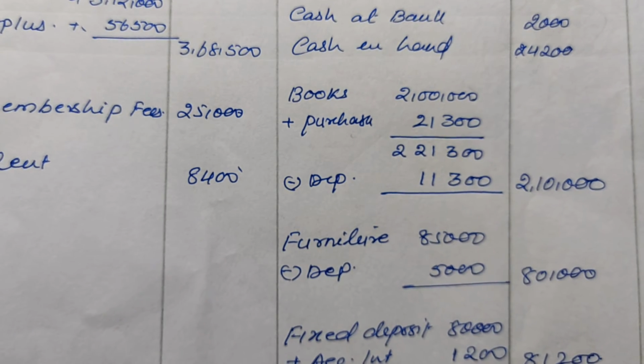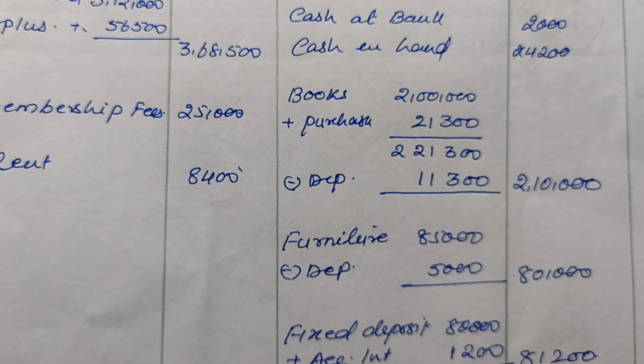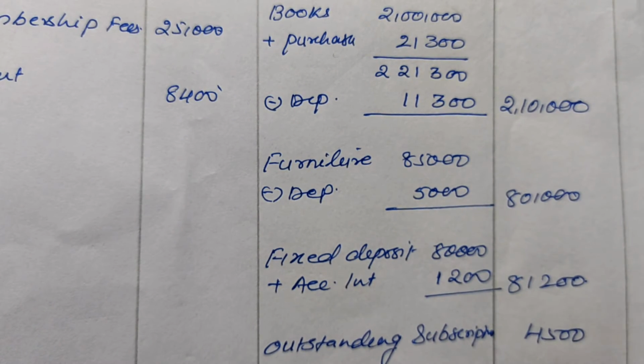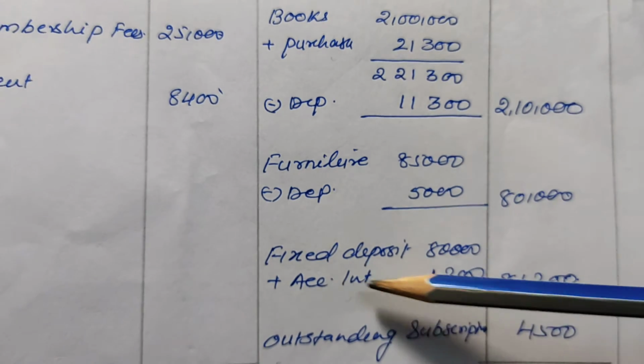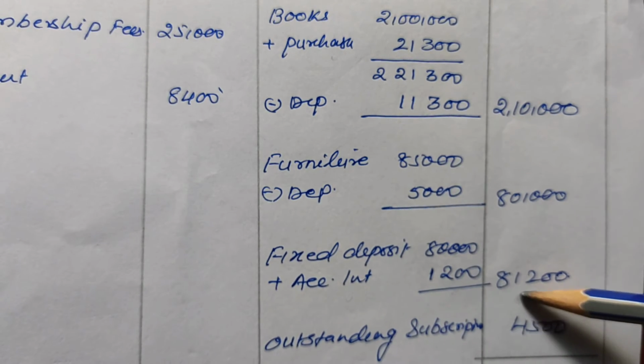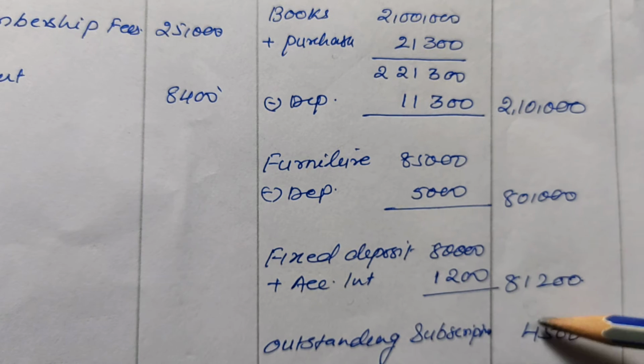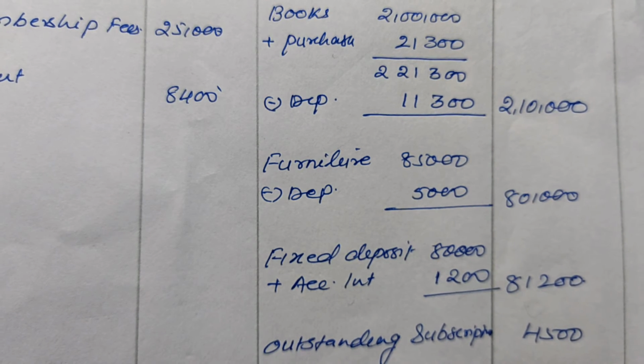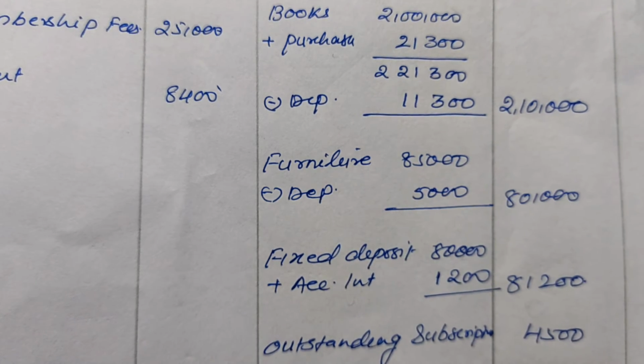Then next we record investment. Investment value also we get from the payment side. That is 80,000 plus accrued interest, which gives 81,200.